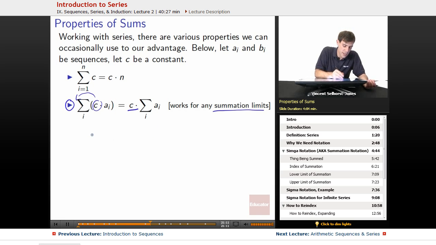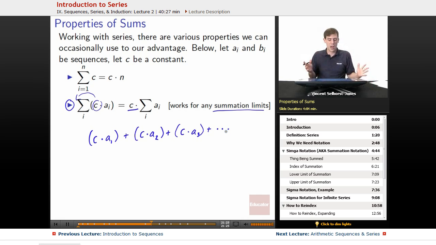So why is this the case? Well, notice our first term would be c times a_1, plus our next term would be c times a_2, plus our next term would be c times a_3, and it's going to continue in this pattern. It might end, it might not end, so we'll just leave it as dots there. But notice we've got a c on each one of our terms, because we see it's c times a_i.